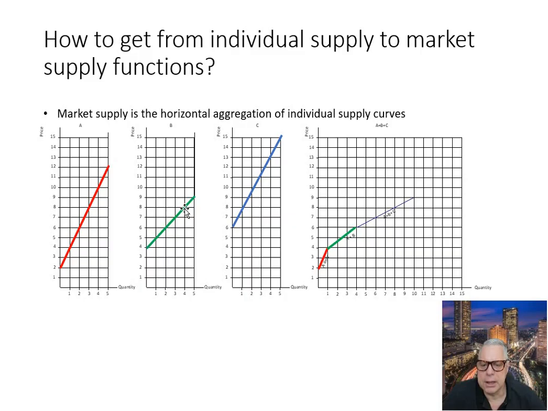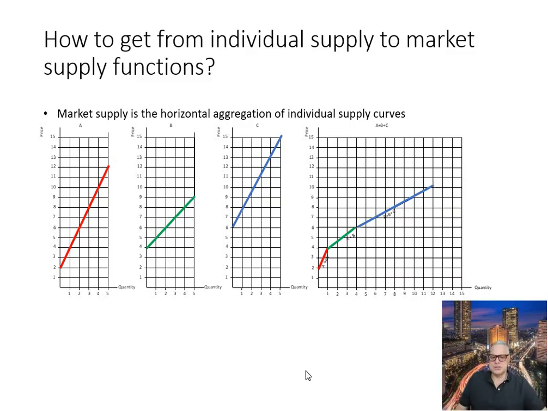Green, B, at the price of 8 is 4, so 3 plus 4, that's 7. And at the price of 8, company C produces 1, so that's a total of 8. So at the price of 8, we should see a total quantity supplied of 8, and we should see this one. Now let's double check: at the price of 8, that's here, and that's 8 as well.